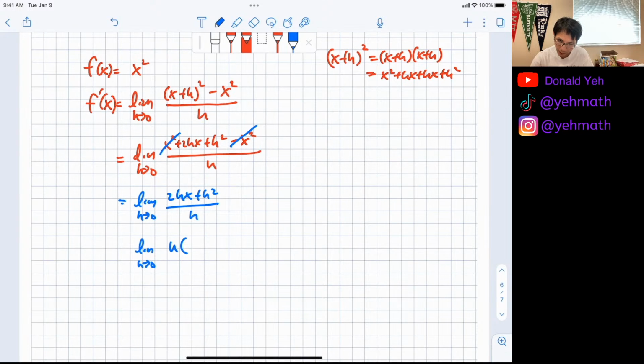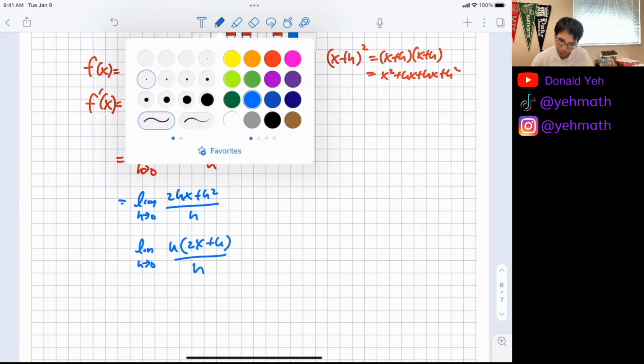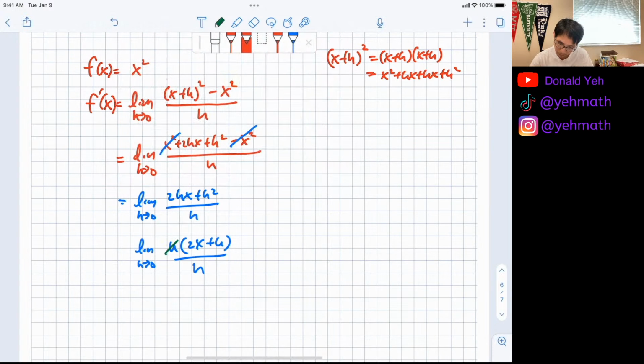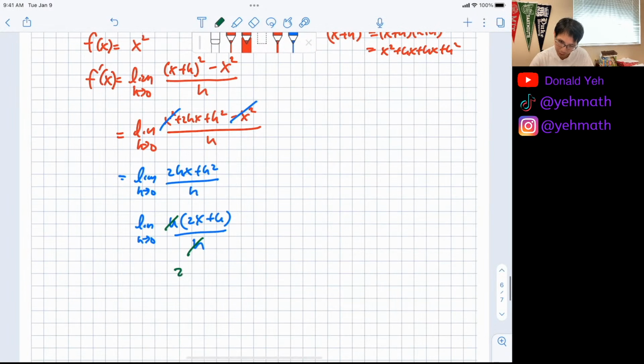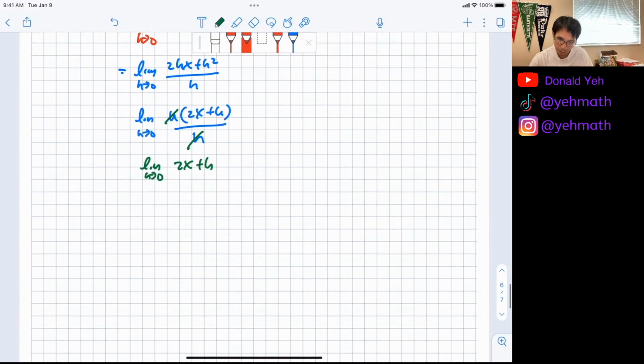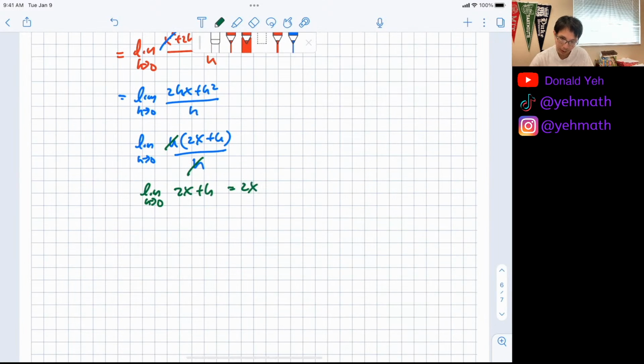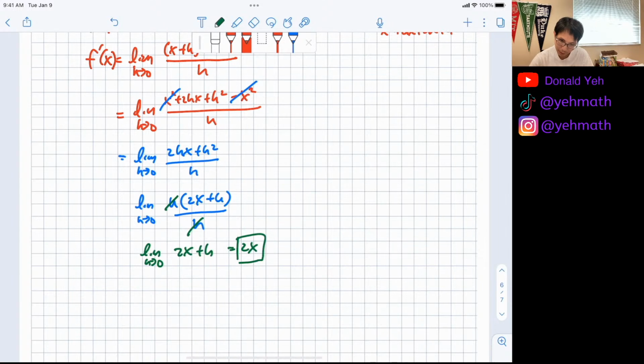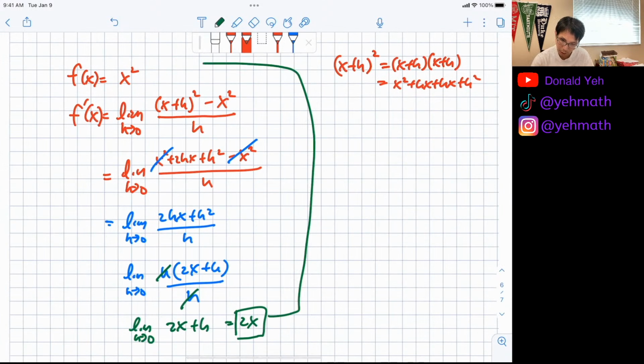Once you factor out, the h is going to cancel, and that's going to be 2x plus h as h approaches 0. When h is 0, you get 2x. So it turns out 2x is the derivative of this, and that 2x gives you the slope at any given moment.